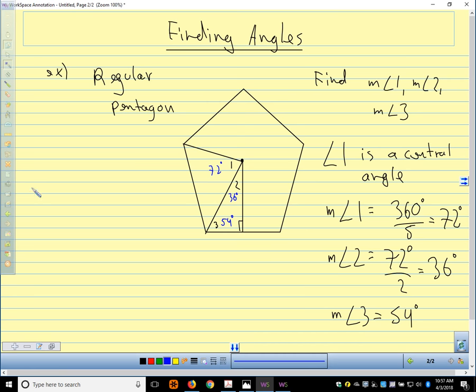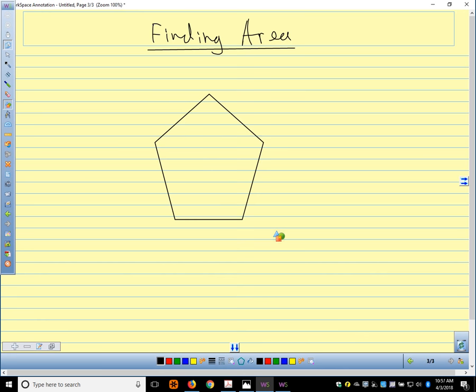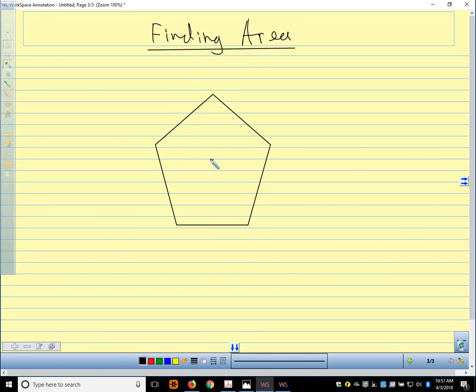Okay, let's talk about how we're going to find our area formula. Our area formula is going to come from finding areas of triangles and adding them together. So I'm going to stay with my pentagon. And I'm going to draw in a center, and I'm going to draw in 2 radii.